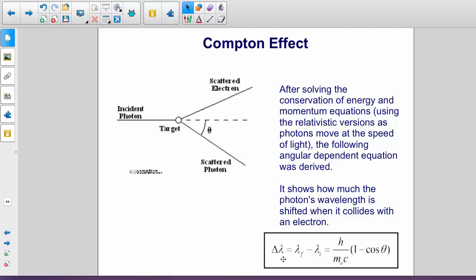That the change in wavelength, the difference between the final and initial wavelengths of the photon, is given by h over m_e c times 1 minus cosine of theta. h is Planck's constant, m_e is the electron mass, c is the speed of light, and theta is the scattering angle for the photon.